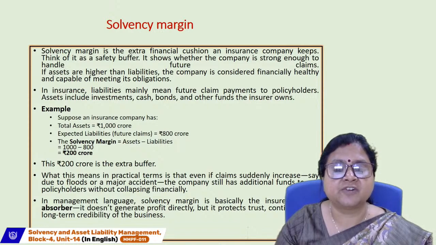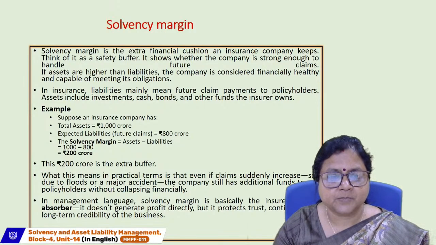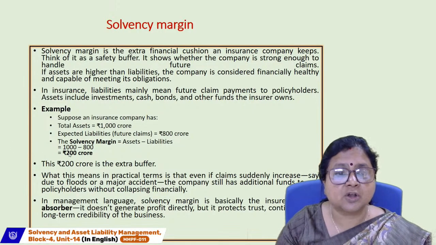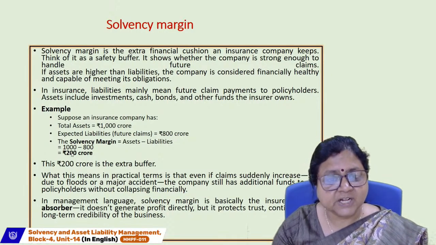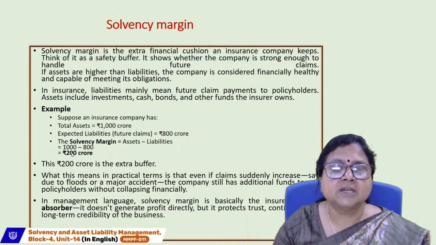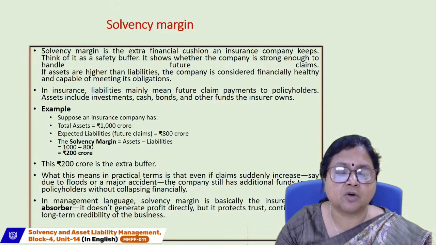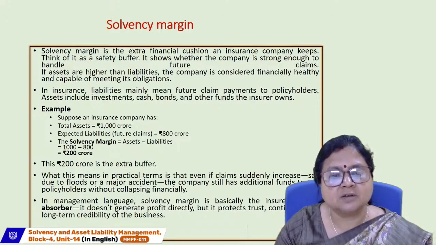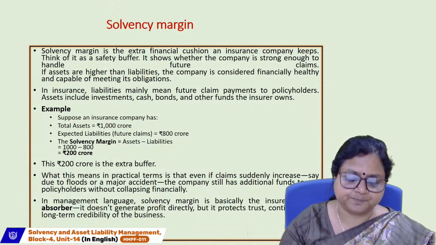It doesn't generate profit directly, but it protects trust, continuity, and long-term credibility of a business. That is why the solvency margin is very important: after all settlements are done, you still have a buffer, so that in case of emergencies or an increase in claims, the company will be in a position to settle.